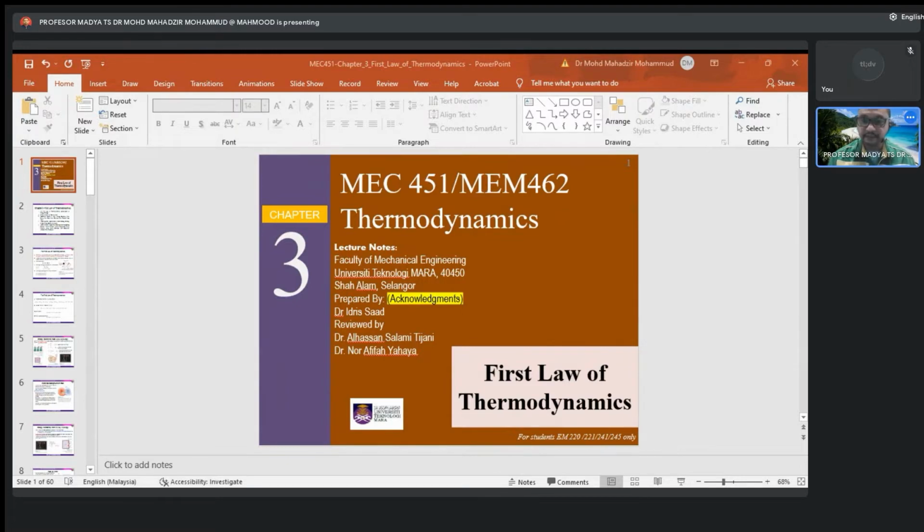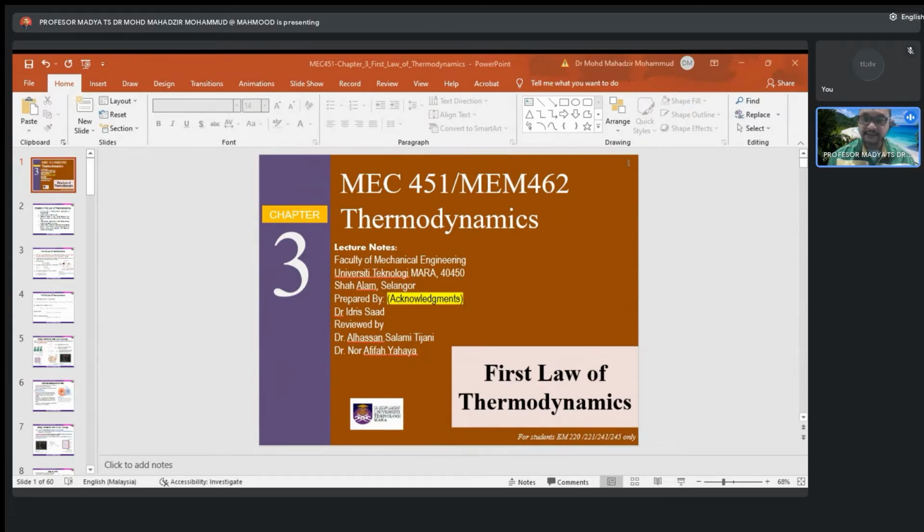forms of mechanical work. And then from there you will be introduced to the first law of thermodynamics, energy balance and mechanisms of energy transfer to or from a system.